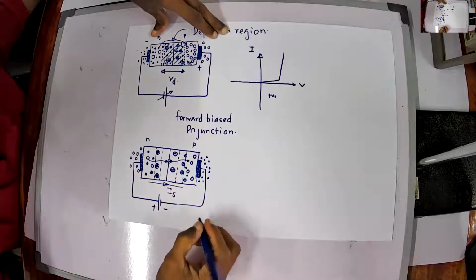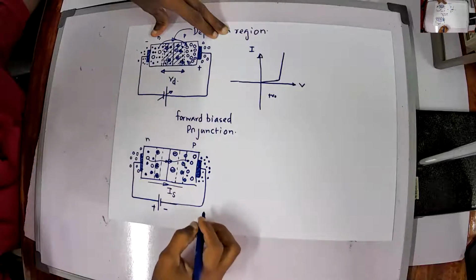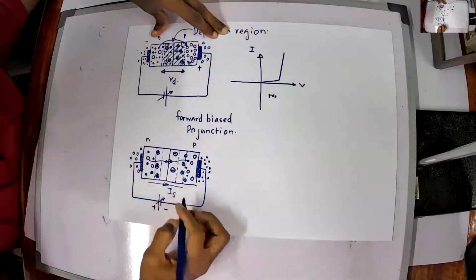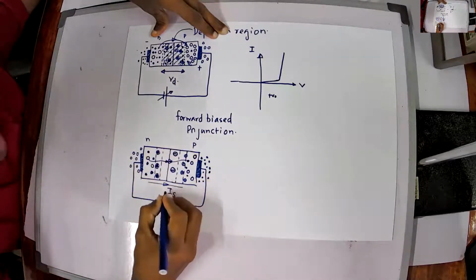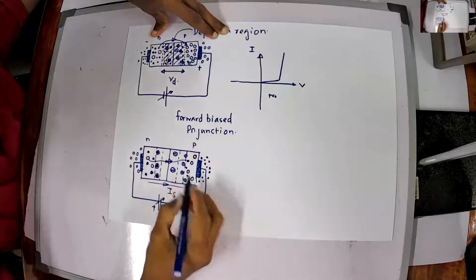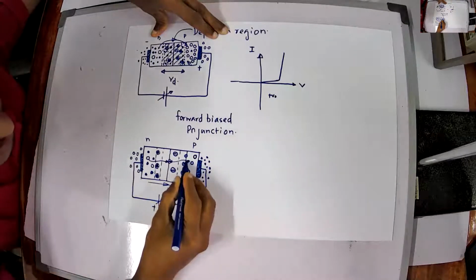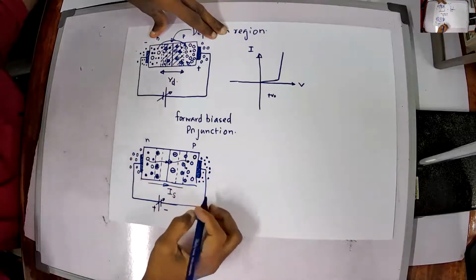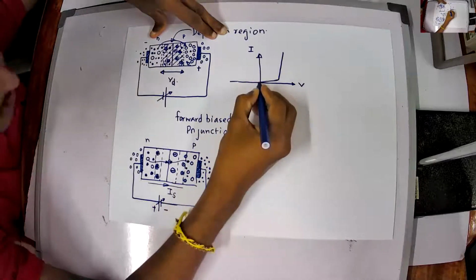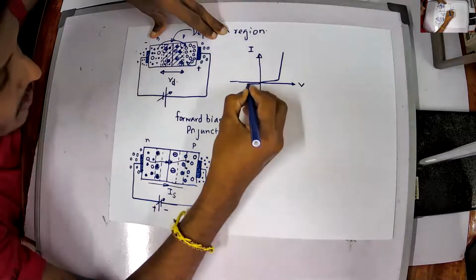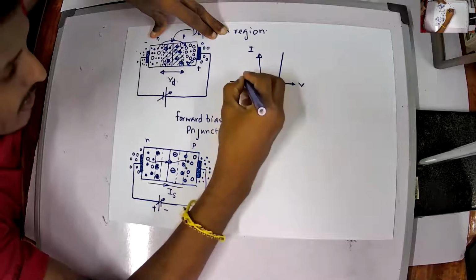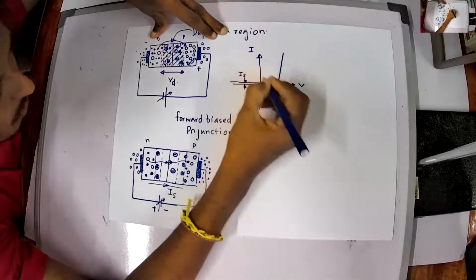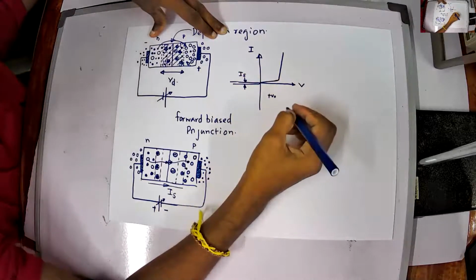Again, when I keep on increasing the voltage, that will be much less when compared to the other current, because the minority carrier concentration will be much lower. So if I draw the other side, it will be a very small current, and this will be your IS, or reverse saturation region.